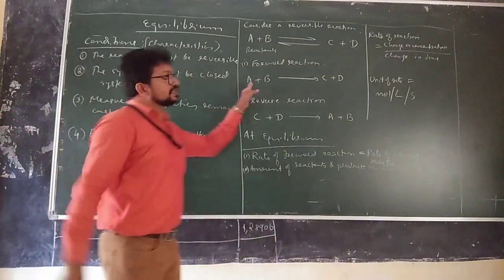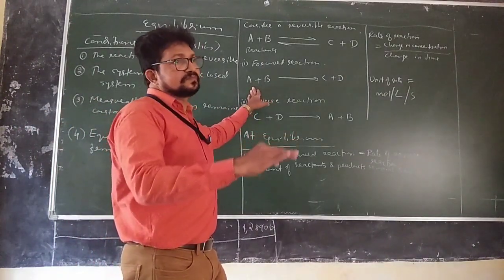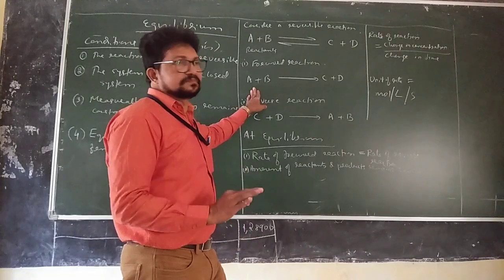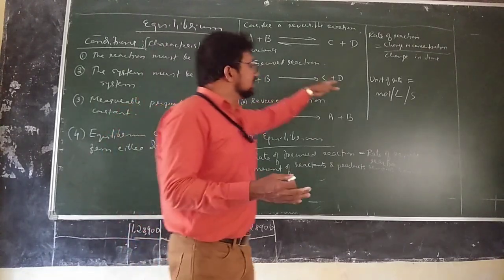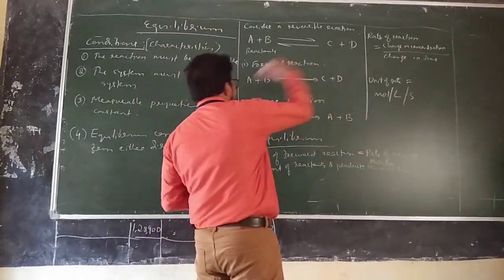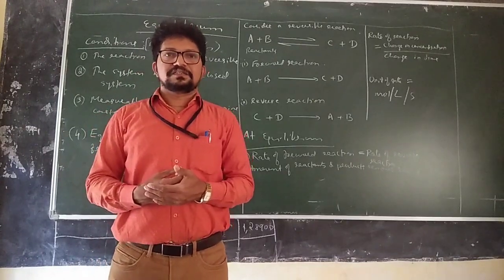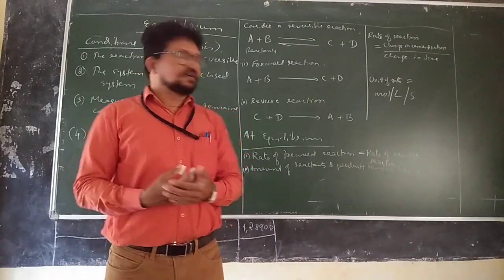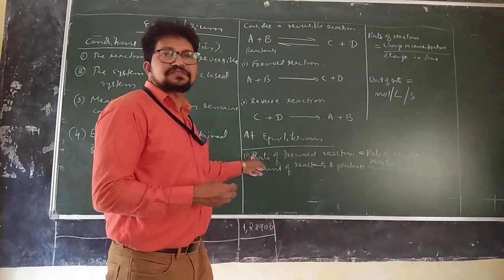Somebody can start with A and B. Initially, it will not be under equilibrium. It takes some time. And once sufficient C and D are formed, then C and D also try to give back the reactants A and B. Then a stage will reach where rate of forward reaction is equal to rate of reverse reaction.